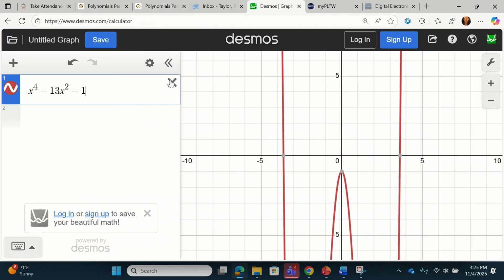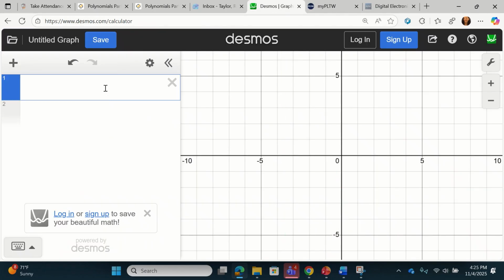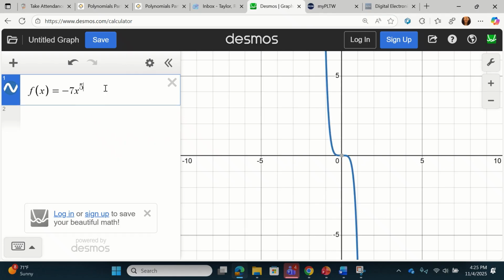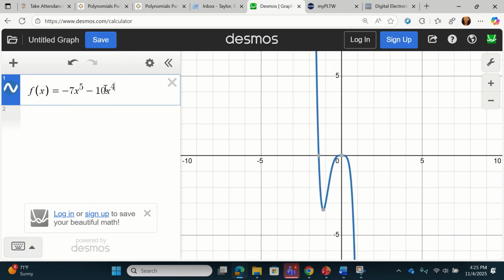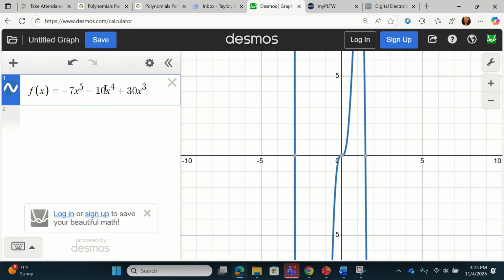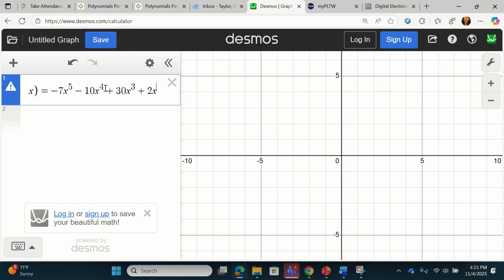So let's click on over to here. And we're going to go ahead and type that in. So we have negative 7x to the 5th minus 10x to the 4th plus 30x cubed. This is so much fun. Plus 2x squared minus 30.